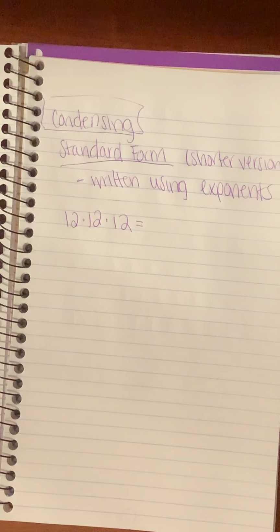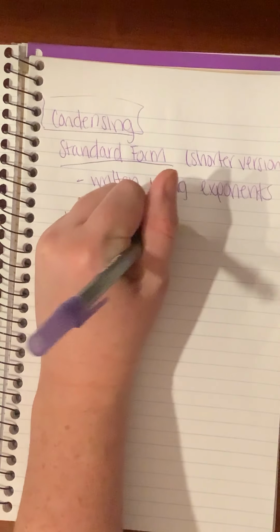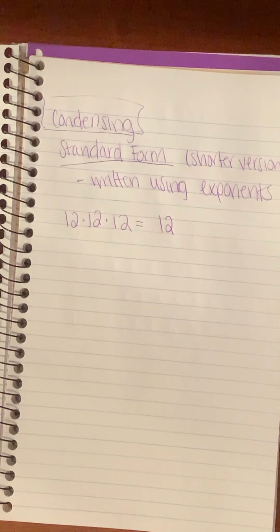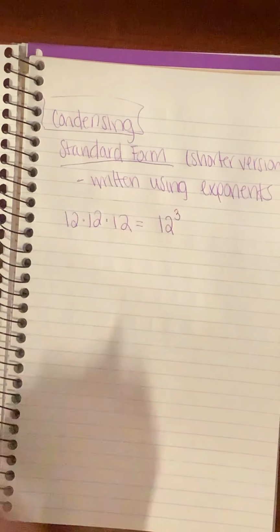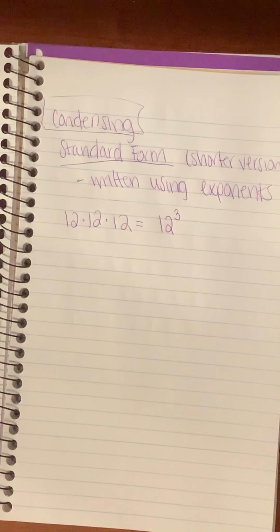Okay, well, going back to my vocabulary, I know that a base is multiplied by itself. So my base in this problem is 12. And then I know my powers are how many times it's being multiplied. So 1, 2, 3. So my power here is the third power, 12 to the third power.